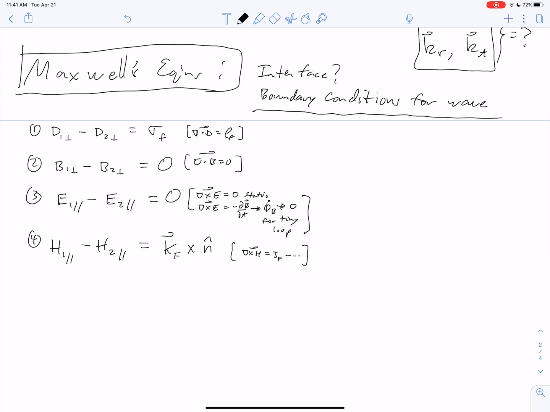These are quite general boundary conditions I've written, so let's consider them for the case of a dielectric. For a dielectric, there's no rho free and no J free.